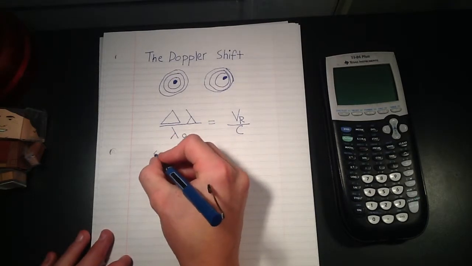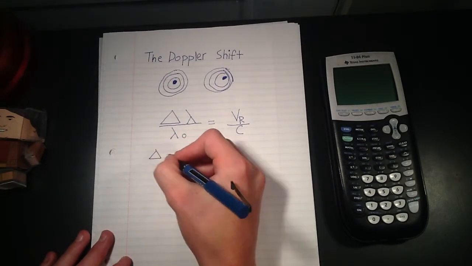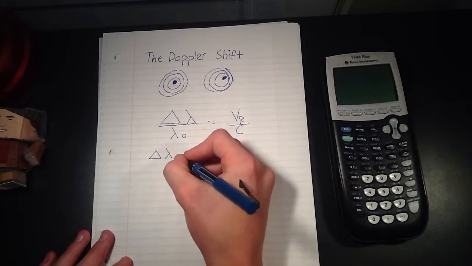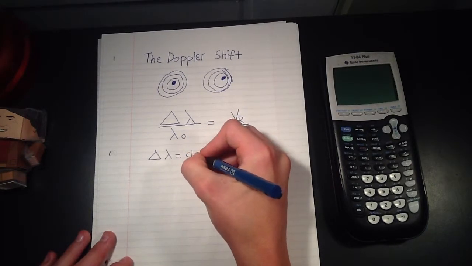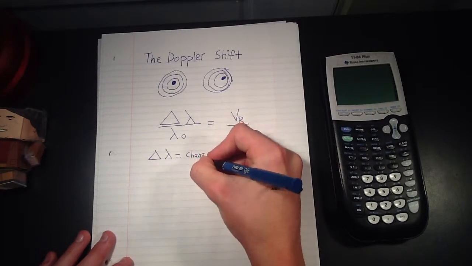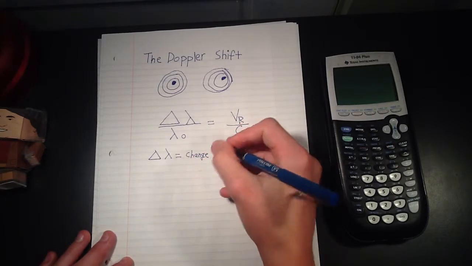So, delta lambda is the change in wavelength when something is coming towards or away from you.